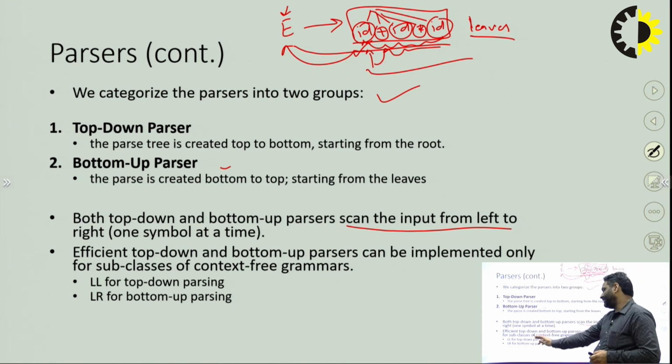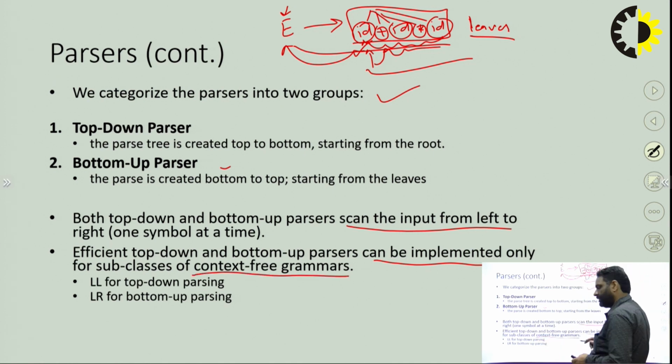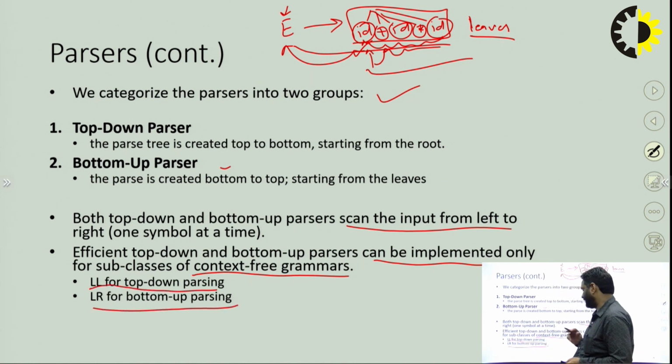Efficient top-down and bottom-up parsers can be implemented only for subclasses of CFG. I told you earlier that the grammar used by the parser is context-free grammar. Now, LL is for top-down parsers and LR is for bottom-up parsers.